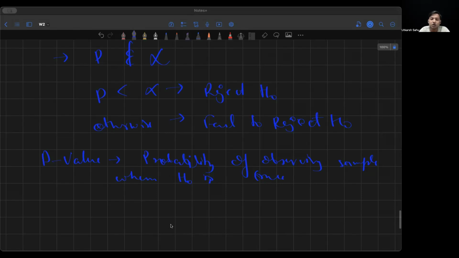But in general, your p-value is basically the probability of observing your sample, maybe something as extreme, because this thing which you see here is an extreme value. Let's say you have a lot of people enrolled in business analytics, and I say everyone scores an S. In my sample, I take only people who are very good with their CGPA, and then I do the testing.